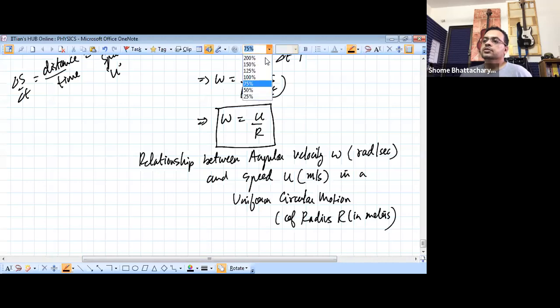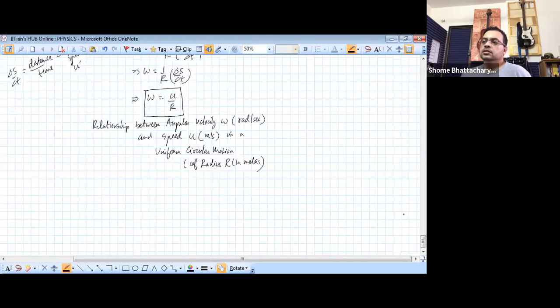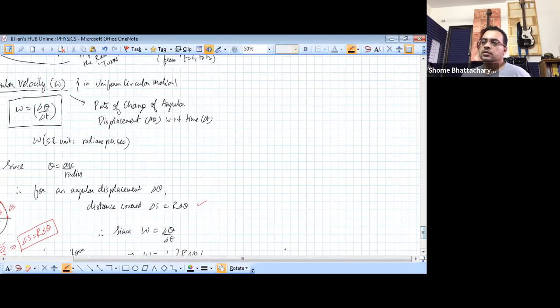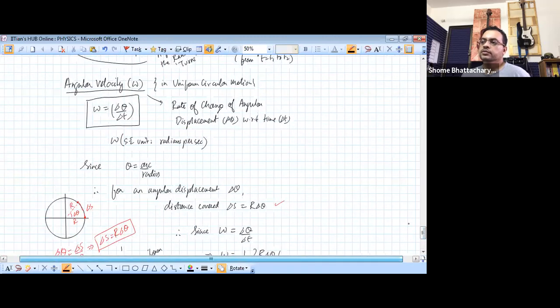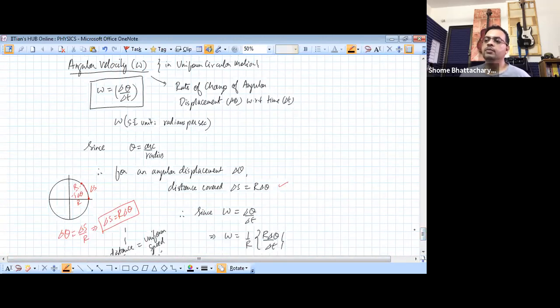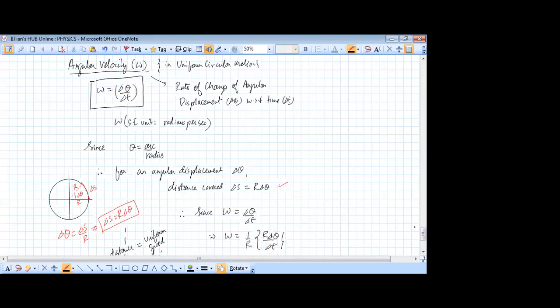This relationship is extremely important. I'm seeing it from this point where you understand angular velocity's definition, and from angular velocity's definition, we can see the relationship between angular velocity and the speed of a circular motion.